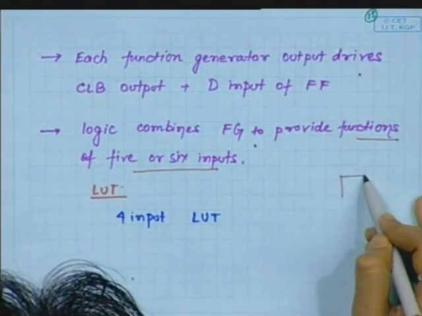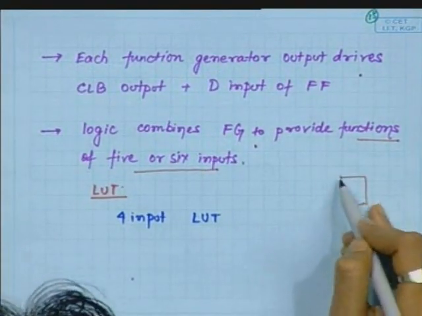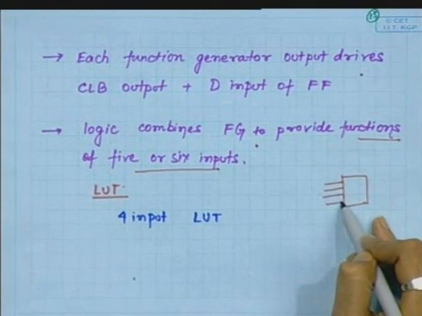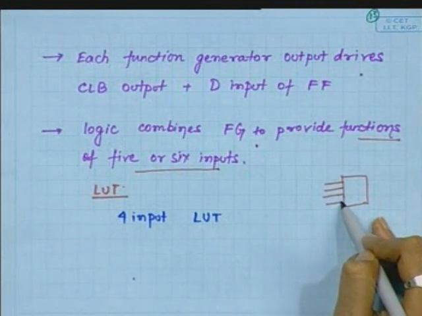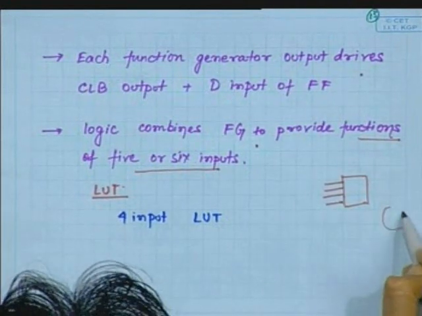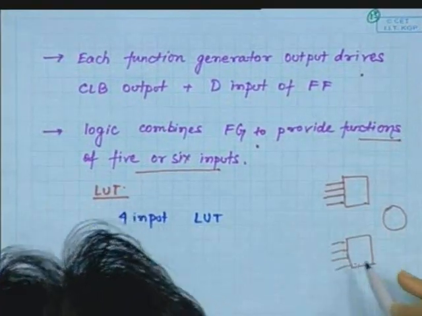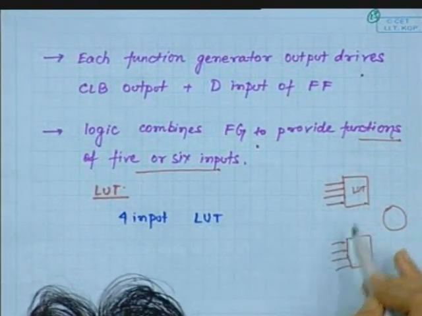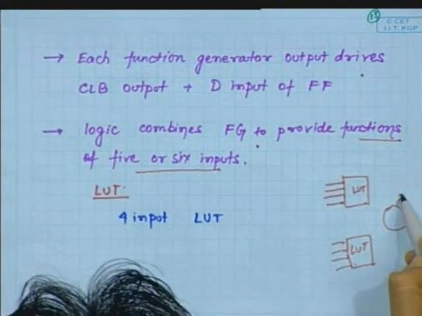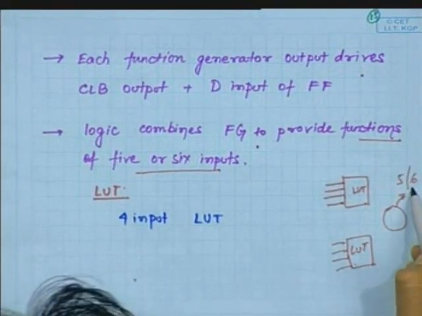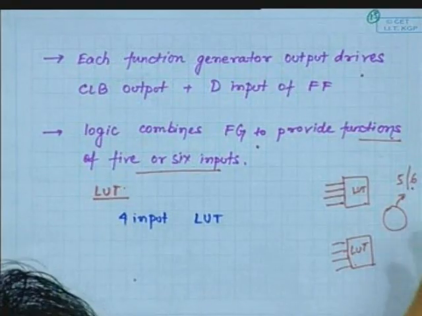Now here we are confined that our function should be 4 input, not more than that. Suppose we require 5 to 6. There are some logics provided which use these two LUTs to provide 5 to 6 input functions. Fine.